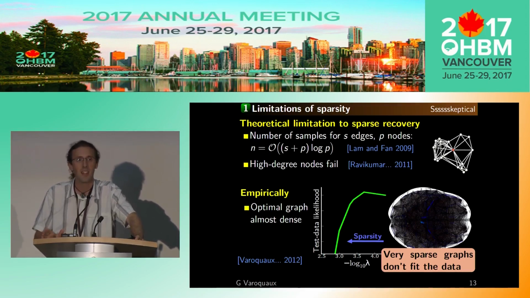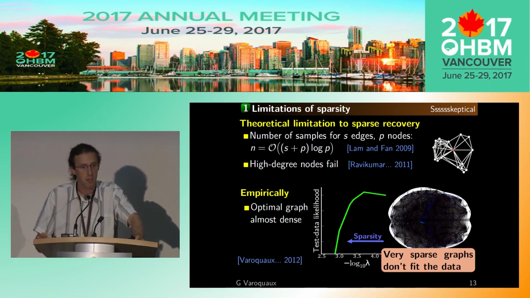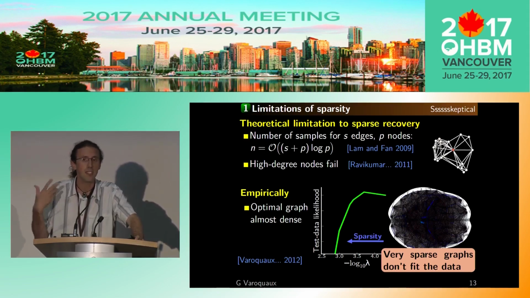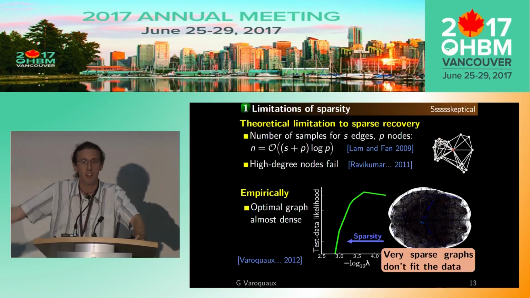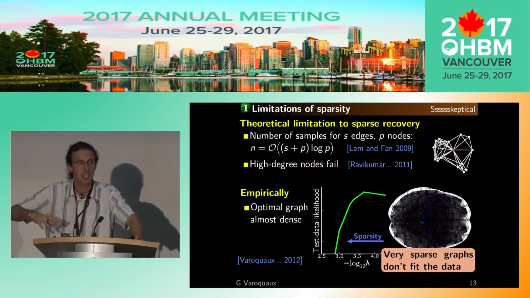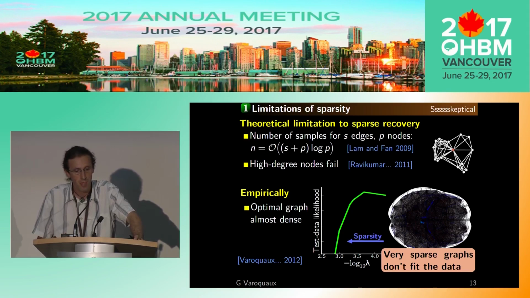So basically recovering the independence structure will not work even with sparse models. And then there's another problem, which is that high-degree nodes are much harder to recover, and it's quite easy to understand. They're correlated with many other nodes, hence they're hard to recover. So by construction, those sparse models will tend to decrease the degree of the graph, and that's why the people who like small world analysis do not like them.